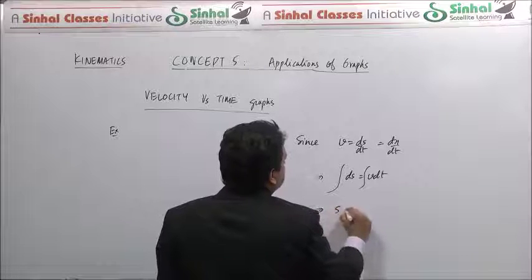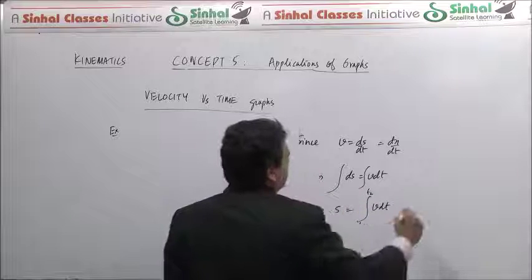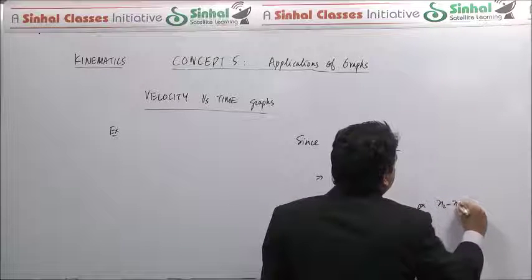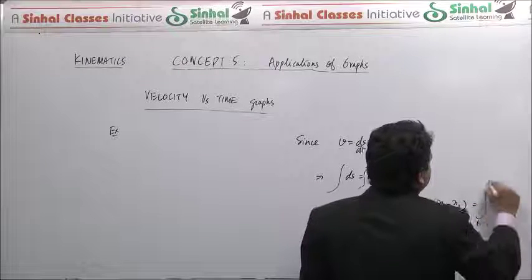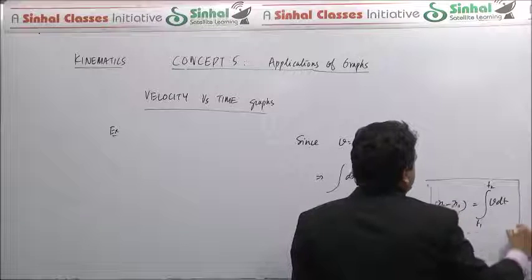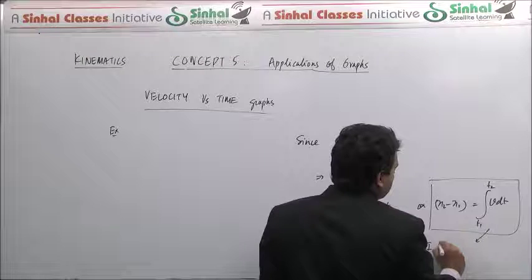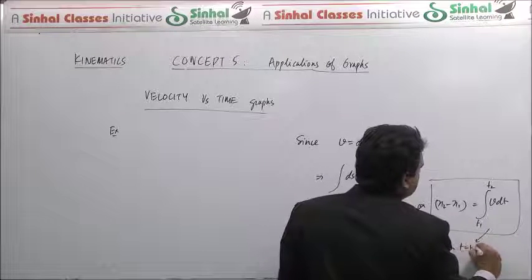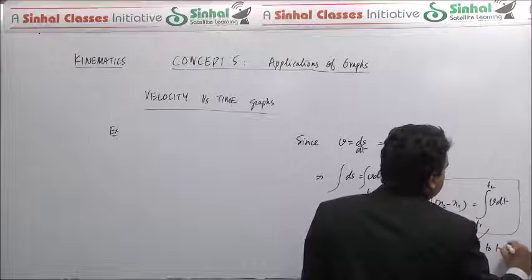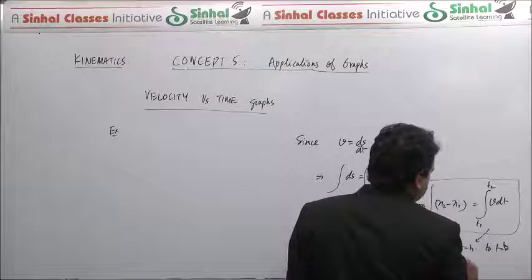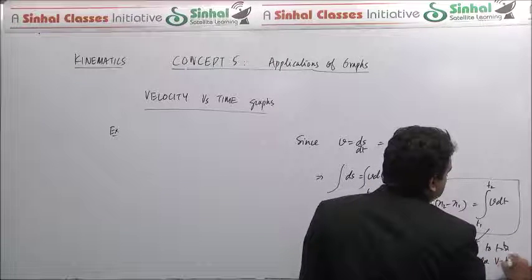So the displacement is integration of velocity from time t1 to time t2, or we can say that the change in position, which is the displacement, is integration of velocity from time t1 to t2. So here the integration represents a definite integration from t equal to t1 to t equal to t2. So that represents the area under the velocity time graph.